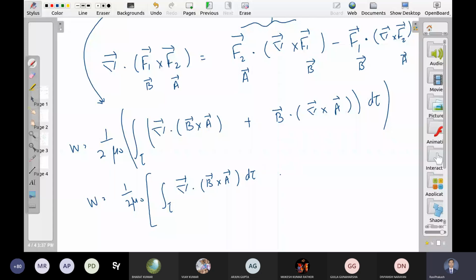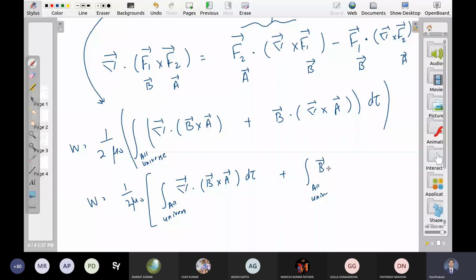This is all universe. And this is some volume integral of vector B dot del cross A, over all universe. What is it? 0, right?